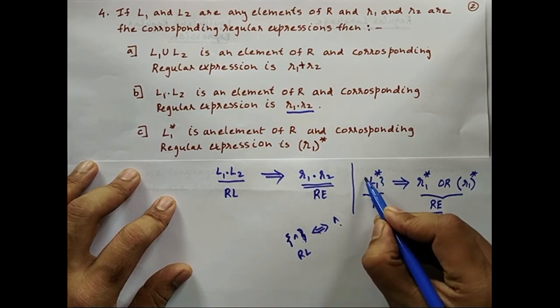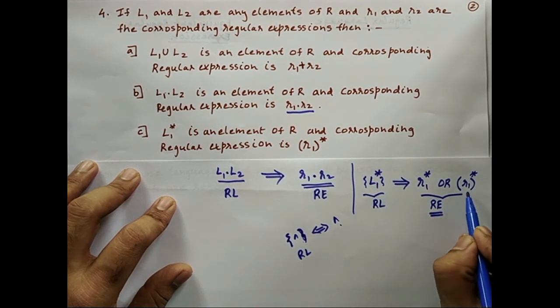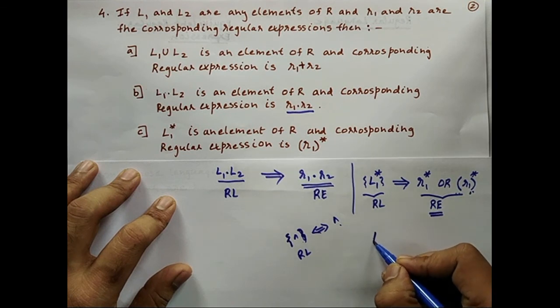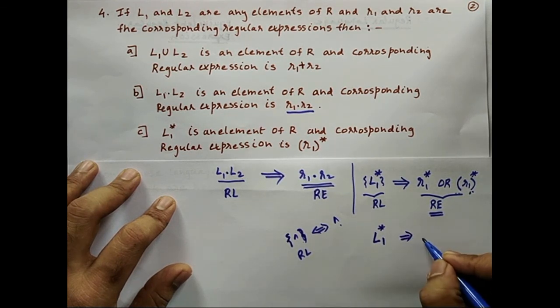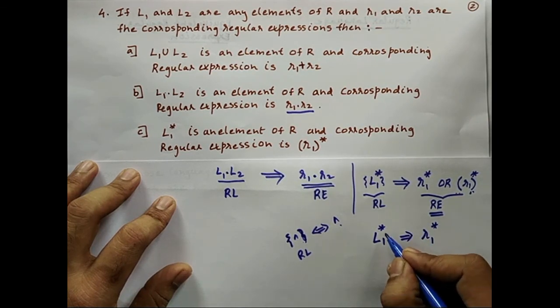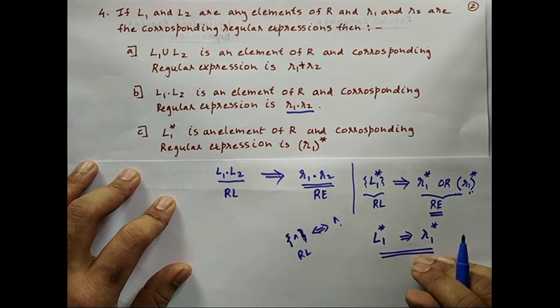All this we will discuss later on. Right now you just remember that if the regular language is L1 star, then the corresponding regular expression is R1 star, where R1 is a regular expression for L1. So this is the result.